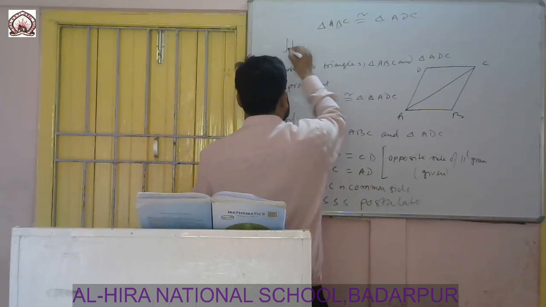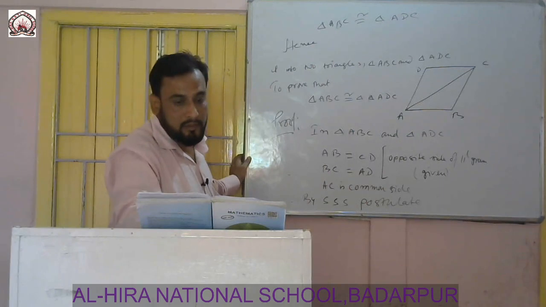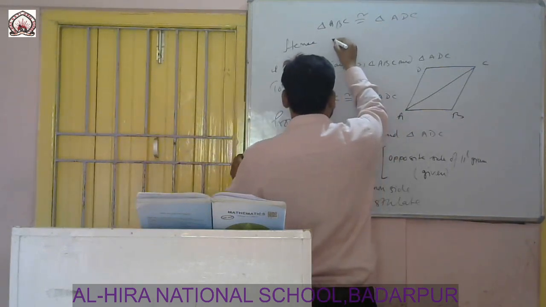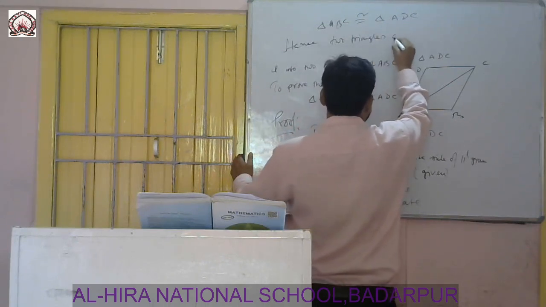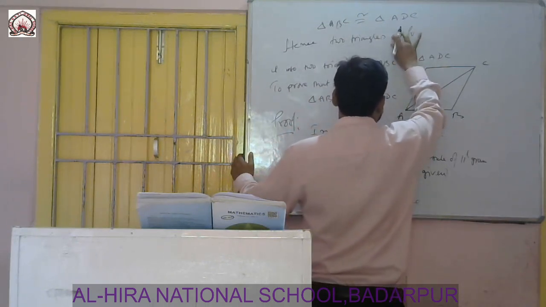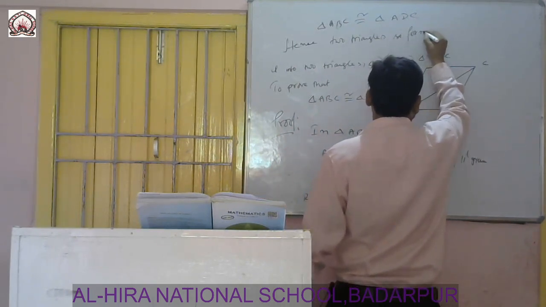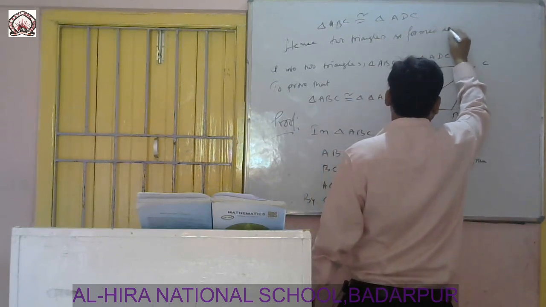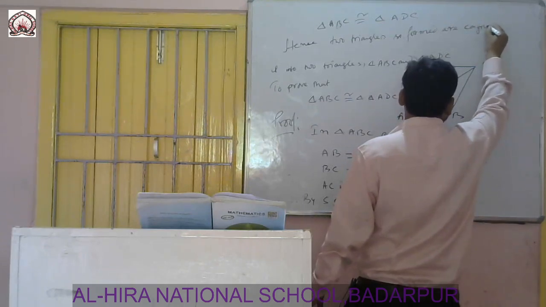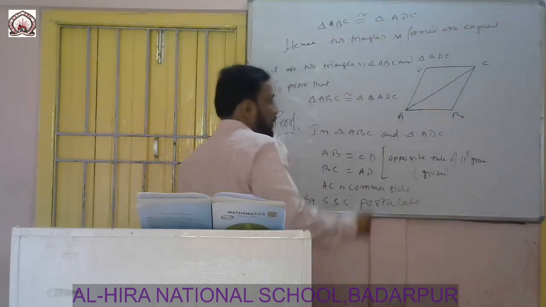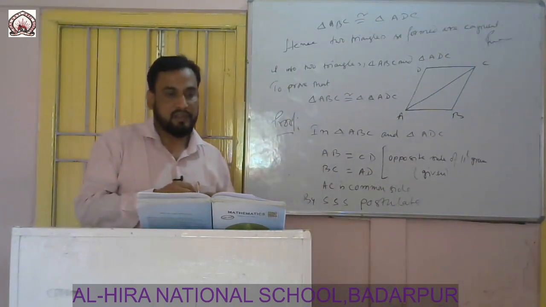Hence, the two triangles so formed are congruent. Proved. The first theorem is proved already.